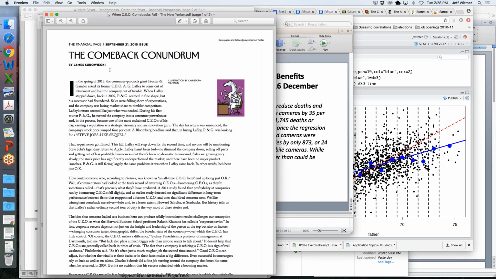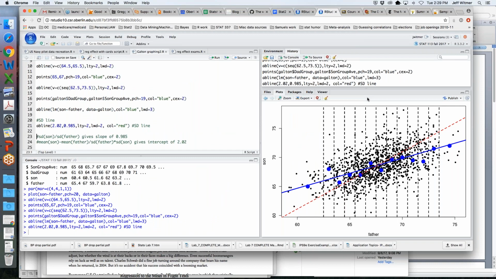The drop-off between the SD line and the regression line is the correlation coefficient. So if r is 0.5, as it is for fathers' and sons' heights, then the regression effect is 0.5. It's based on the correlation.